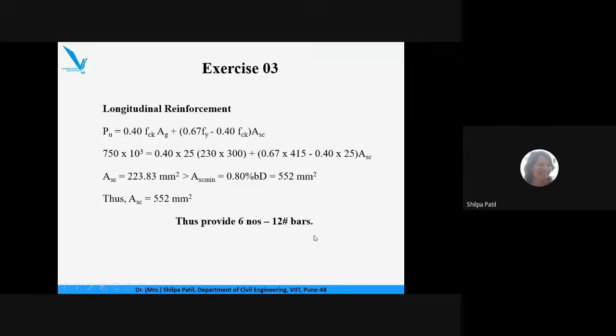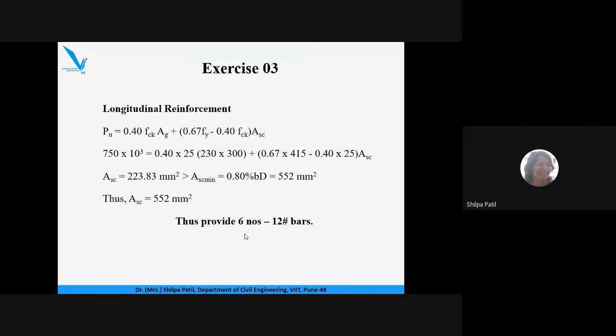So again, I will assume here that the minimum bar diameter is 12 mm, that is given in the code. If I assume 12 mm bar diameters, my number of bars is coming equal to 6. Minimum bars for rectangular or square columns should be 4, one bar in each corner. If after calculation I have adopted 20 mm bar diameter, my number of bars will obviously reduce.